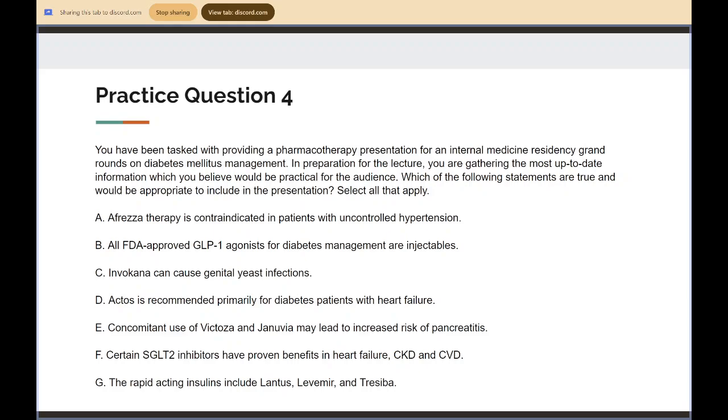Choice F, certain SGLT2 inhibitors have proven benefits in heart failure, CKD, and CVD. Choice G, the rapid-acting insulins include Lantus, Levemir, and Tresiba. This is going to be area 2, identifying drug characteristics.